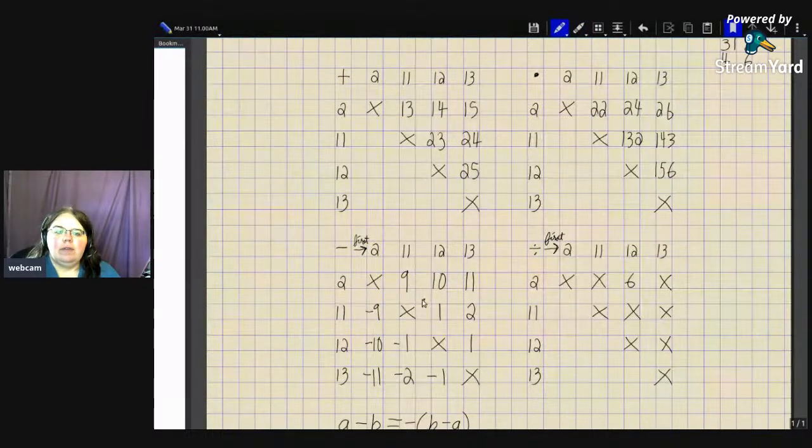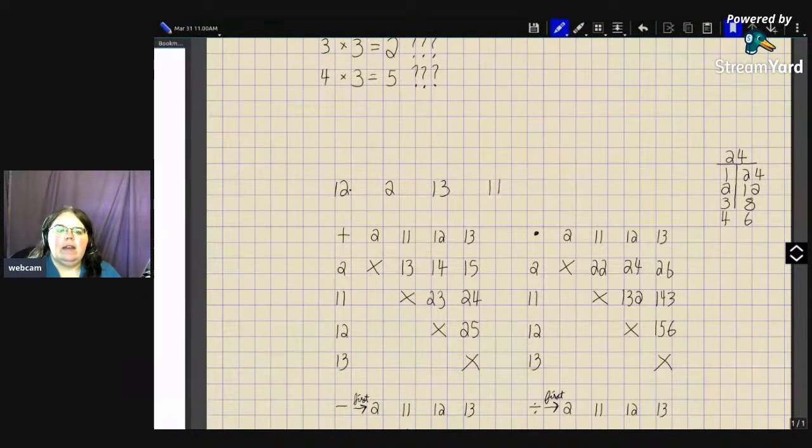So either 12 and 11 or 13 and 12. So either way, I have to use the 12 in that. So let's see. 13 minus 12 would still leave the 2 and the 1. Yeah, so that's not going to happen.